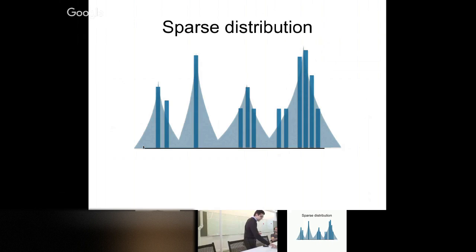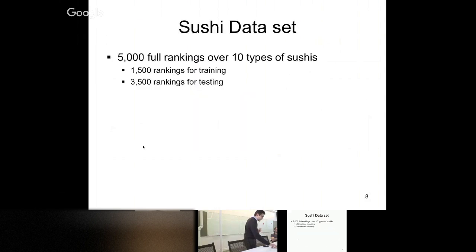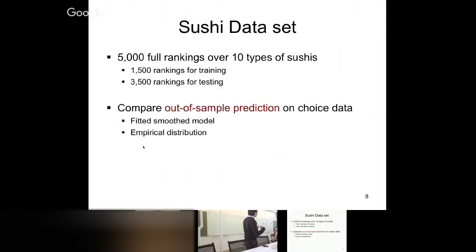In fact, just to test this intuition, we took this sushi data set, which has ranking data. We looked at the small data set, which was ranking 10 types of sushi. It was small: 5,000 full rankings of 10 types of sushi. We looked at the empirical sparse model, using 1,500 rankings for training, and we fit a mixture of Mallows model on that.